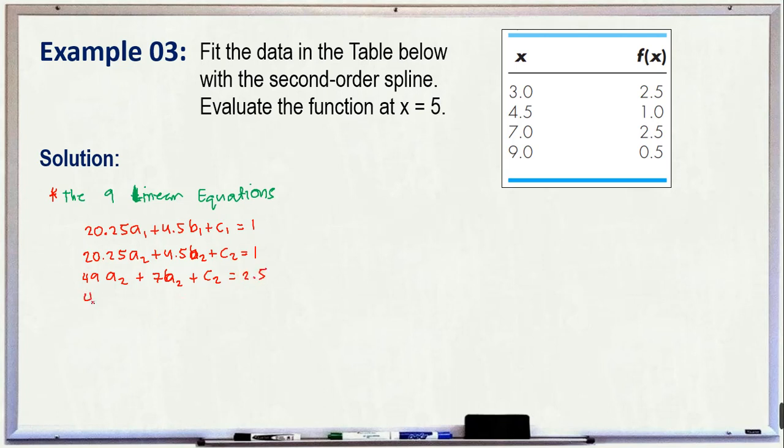And the same thing, 49 a sub 3 again, and 2.5 again here. Now for the next, what is next?